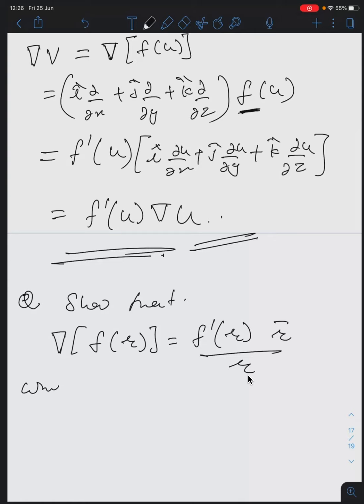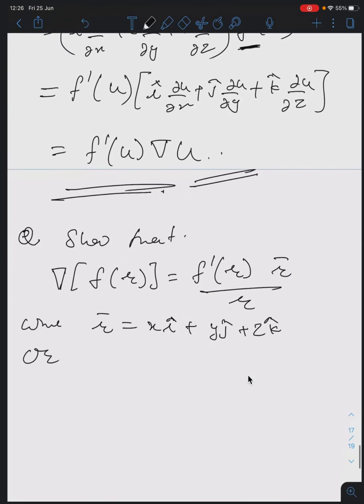Where it is given R bar is xi cap plus yj cap plus zk cap. The same question I can mention in this form also. If R bar, as I told you, it should be understood that R bar is a position vector of the point P of xyz. So R bar is always given as xi plus yj plus zk.